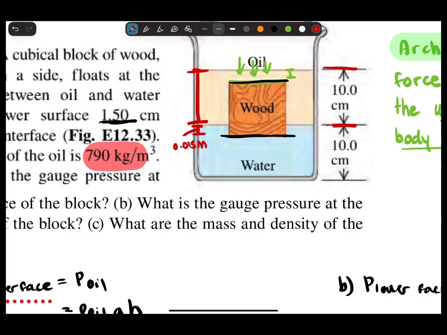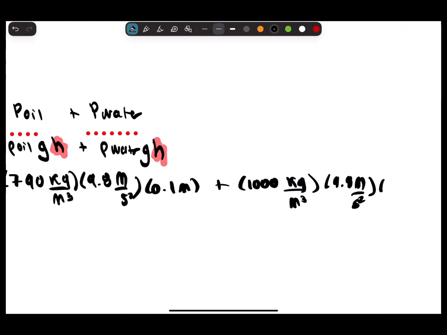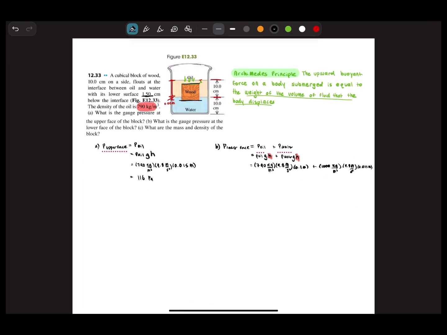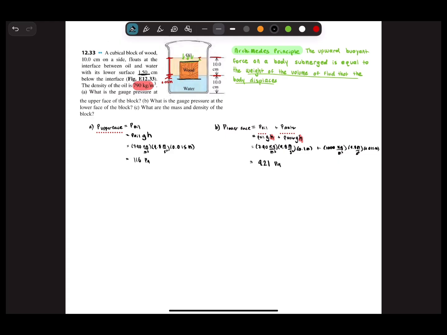The reason for that is if this height is 0.015 meters, it means that this one also has to be that amount, so 0.015 meters. I'm going to calculate this and come back with the answer. So for your answer, you should get 921 pascals.